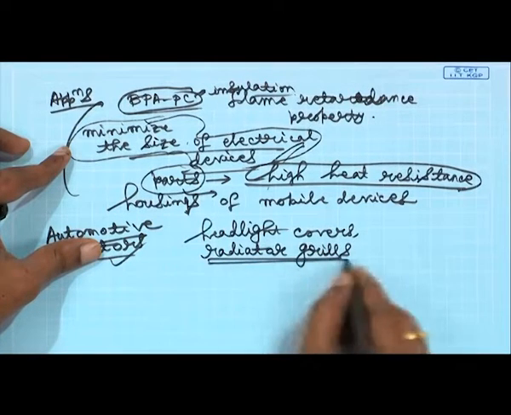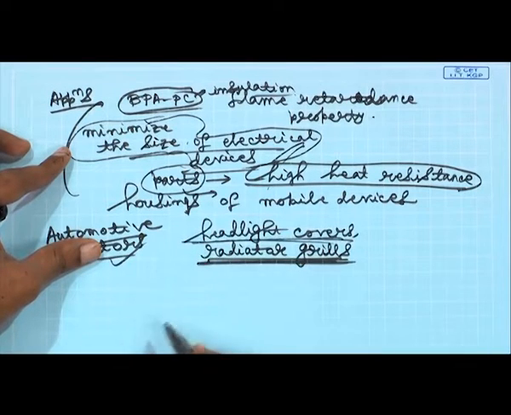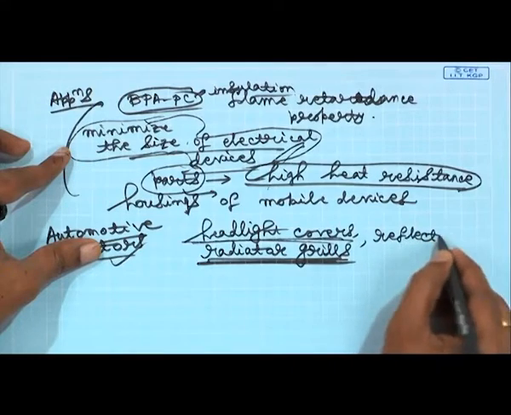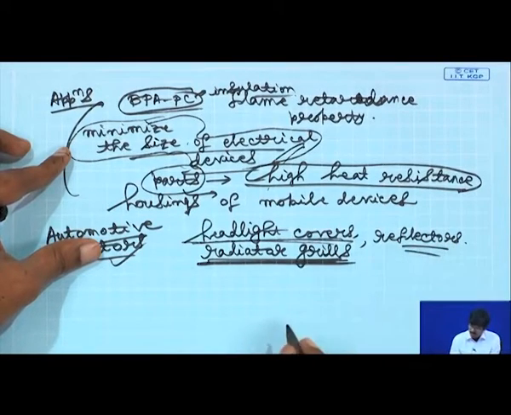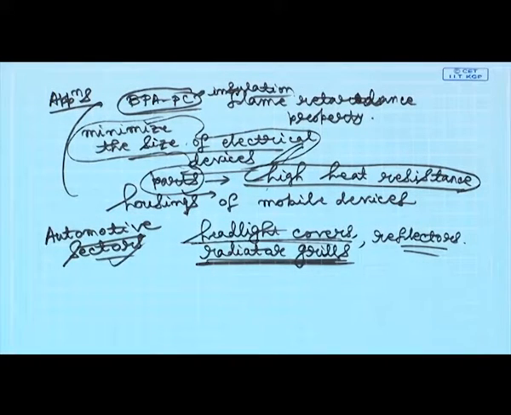Now, this particular application is because of the high temperature resistance. Headlight covers, because they are transparent material. They can also be used as reflectors, and so on and so forth. So, depending on what kind of usage you want, you would want a specific property: high heat resistance, high transparency, high impact resistance, and so on and so forth.